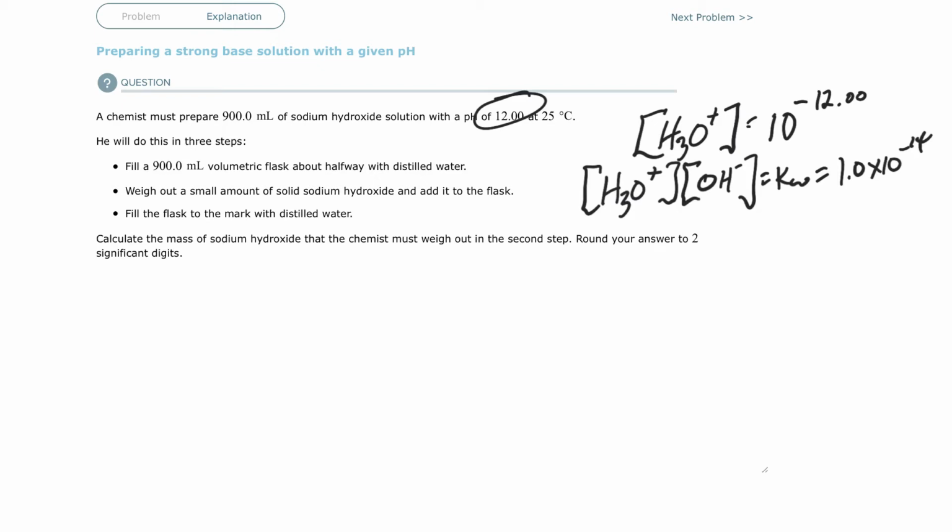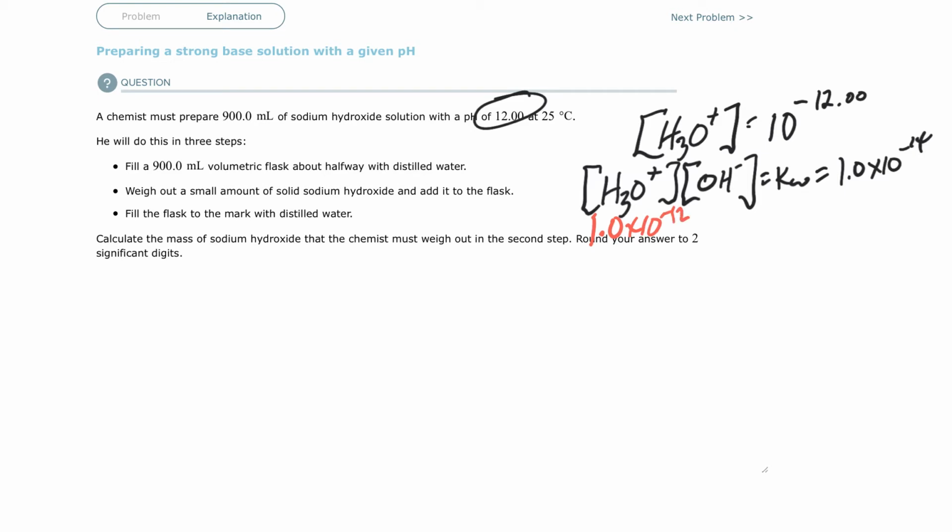You're going to have 1 times 10 to the negative 12. I see 2 places on the 12, which means I'm going to have 2 significant digits. So I'm going to have 1.0 times 10 to the negative 12.